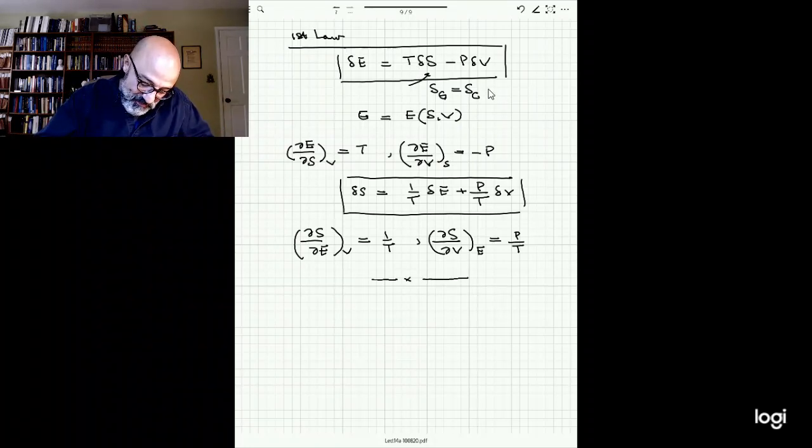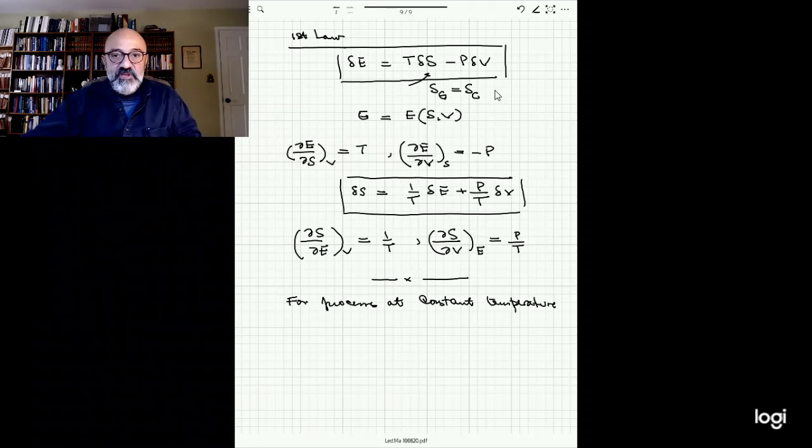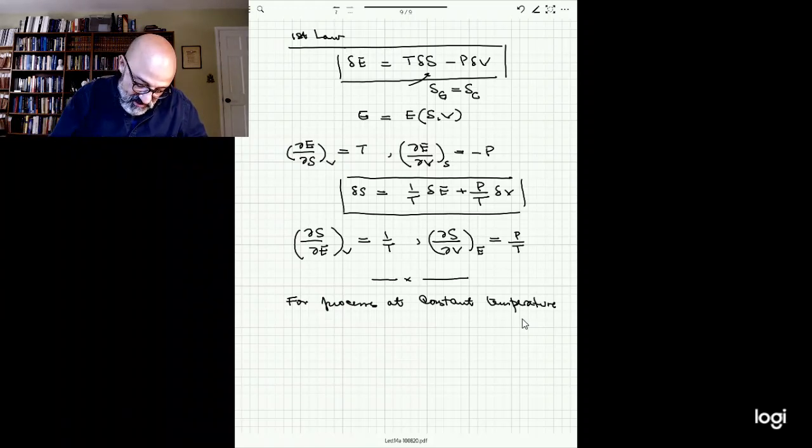So for processes at constant temperature, we would like to come up with yet another function in addition to E and S that allows us to do constant temperature effectively, and that is the free energy.